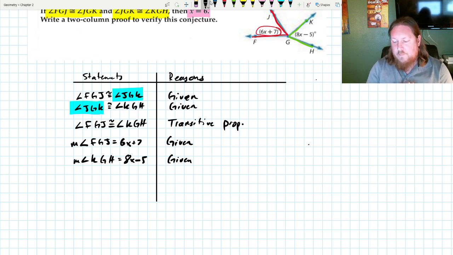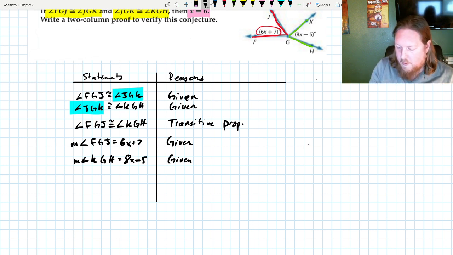Now, the next idea is how do we convert congruence into equality? Well, if two angles are congruent, then they have the same measure. So the measure of angle FGJ is equal to the measure of angle KGH.